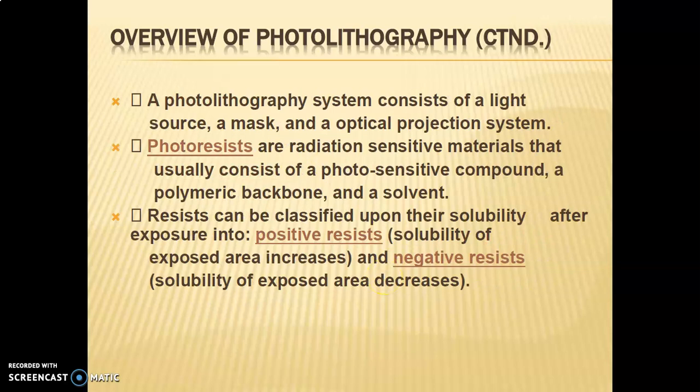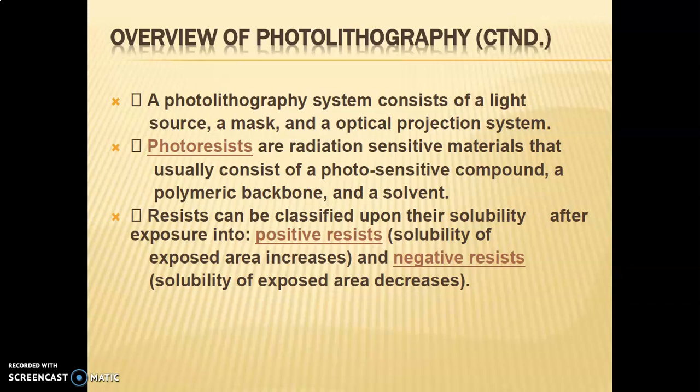A photolithography system consists of a light source, a mask, and an optical projection system. A photoresist is a radiation sensitive material that usually consists of a photon sensitive compound, a polymer backbone, and a solvent.